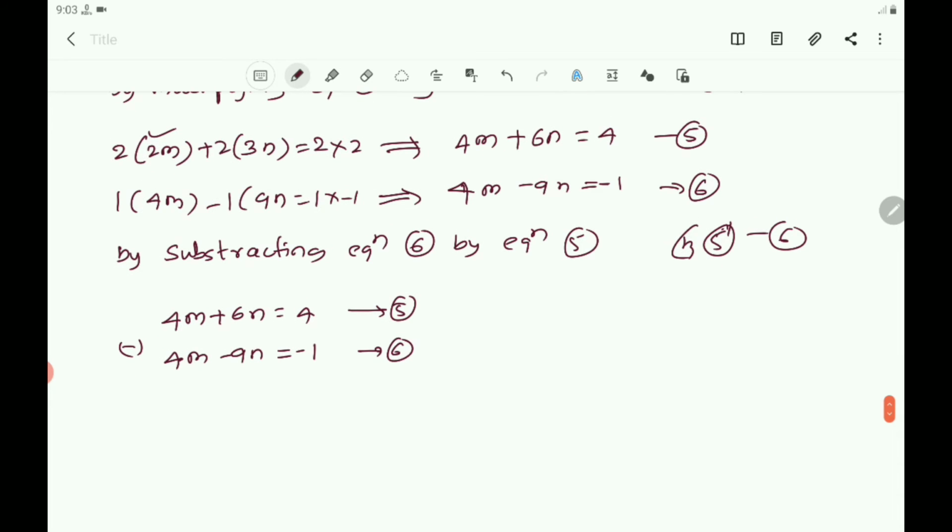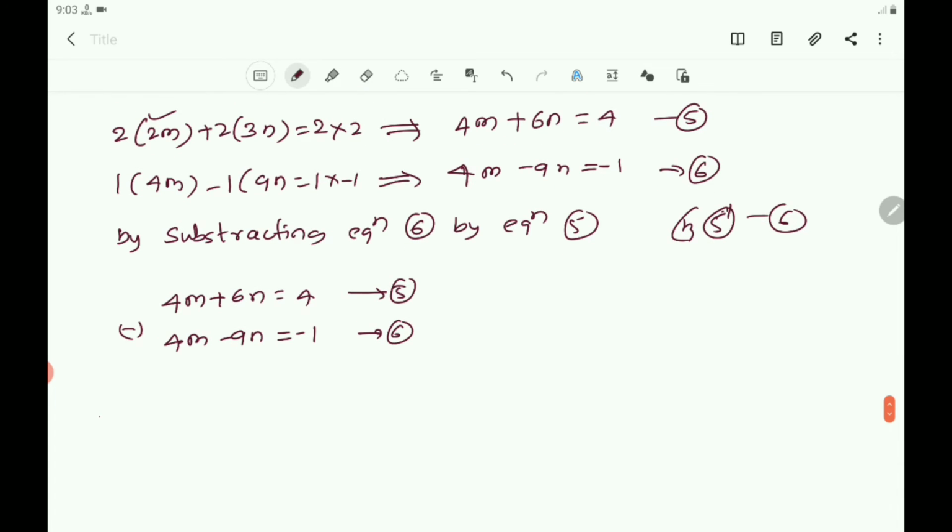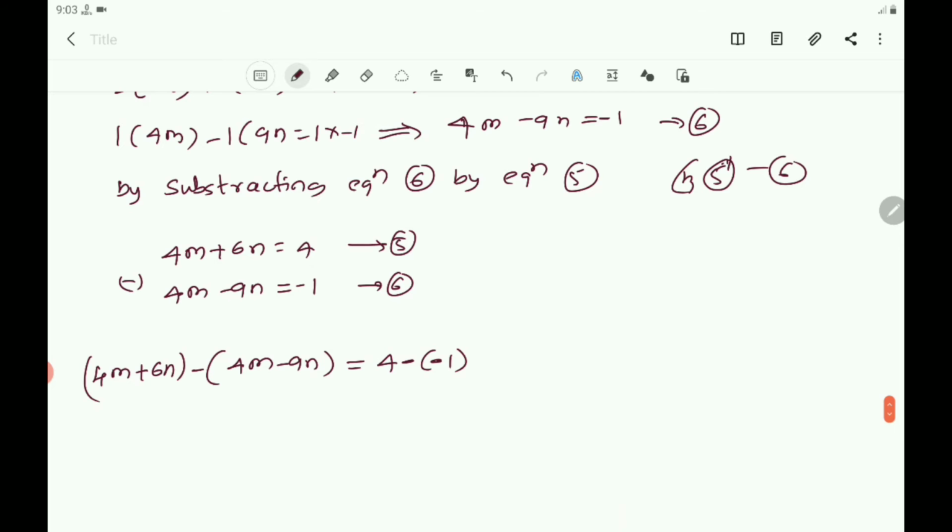Then you write 4m plus 6n minus 4m minus 9n is equal to 4 minus minus 1. Open the bracket here: 4m plus 6n minus 4m, and minus of minus 9n becomes plus 9n, is equal to 4 plus 1.